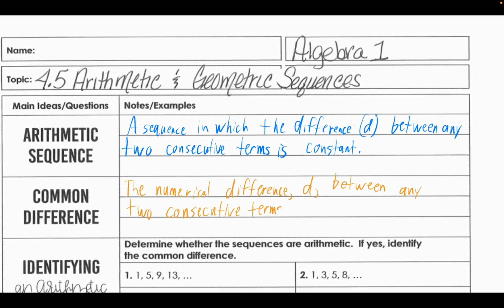So we said the arithmetic sequence is a sequence in which there's a constant difference between terms, and the common difference is whatever the difference is between those terms.